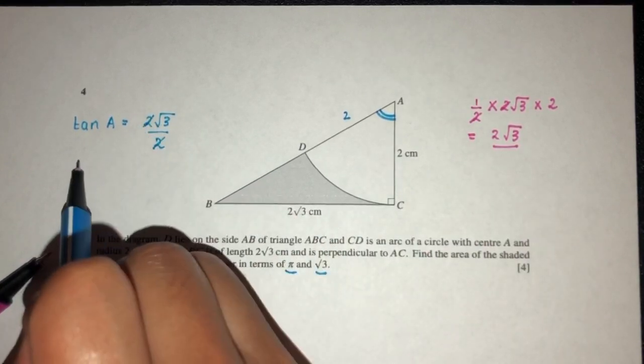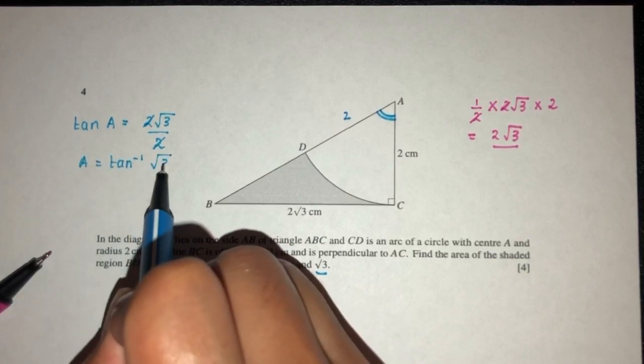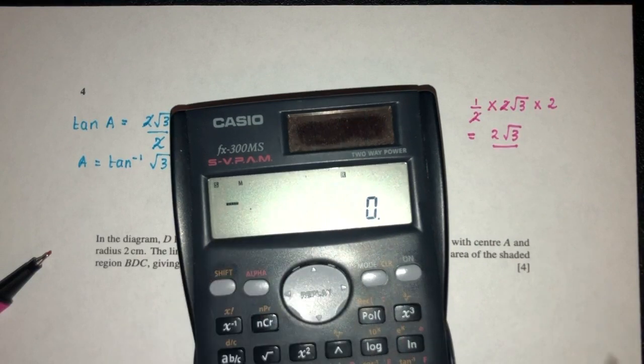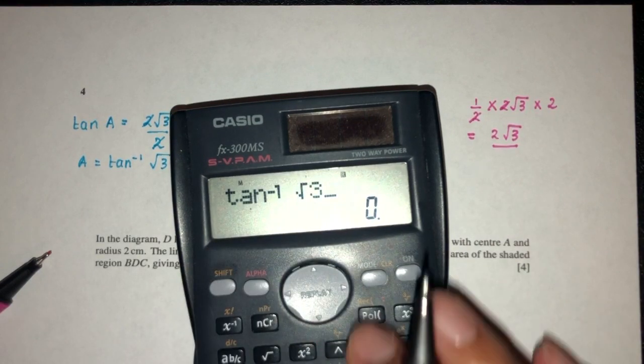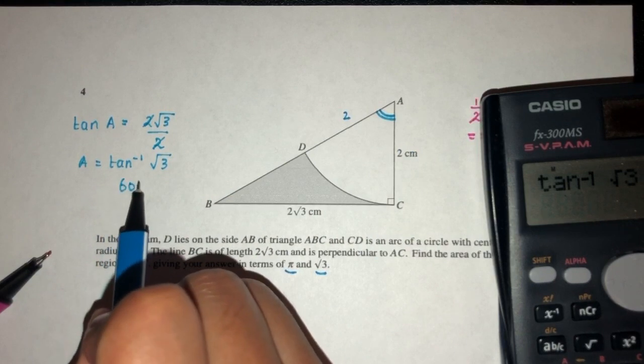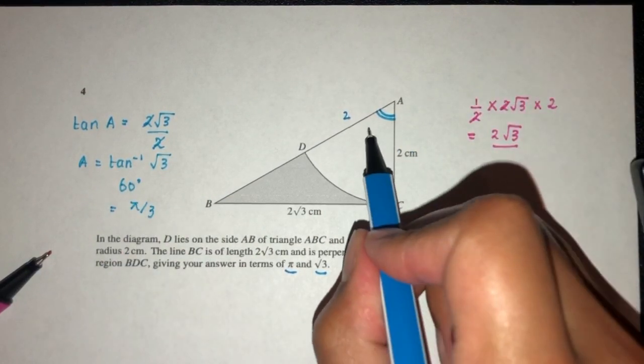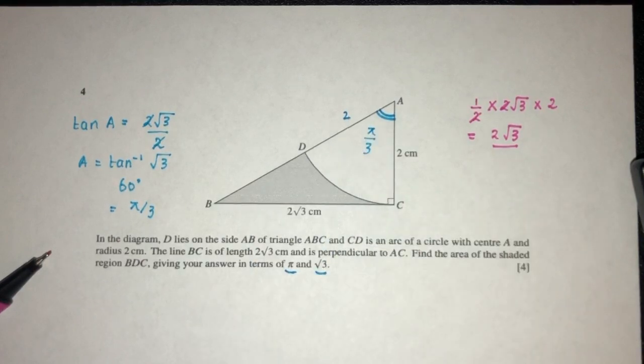Now if you cancel out, A will be tan inverse of root 3. We have to use degrees just to check. That will be 60 degrees, which means that is pi by 3. So the angle here is pi over 3.